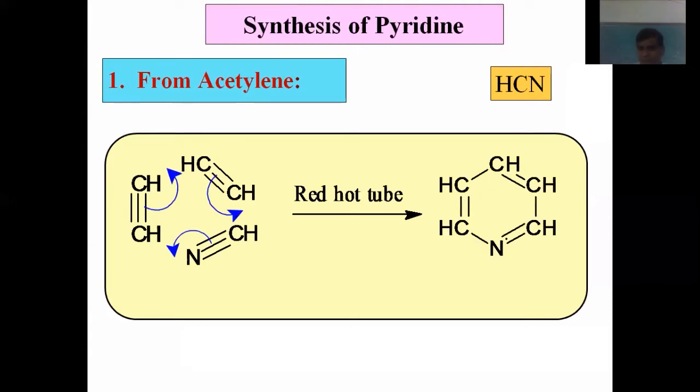Now there is a double bond between carbon and nitrogen. We get a six-membered cyclic compound having one nitrogen atom, and this is nothing but pyridine. Thus we can prepare pyridine using hydrogen cyanide and acetylene when the mixture is passed through the red hot tube. This is a very simple synthetic method.